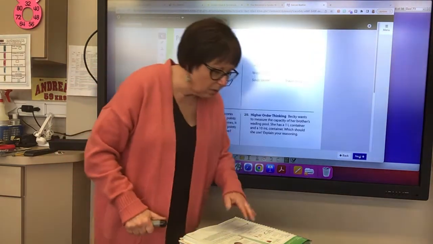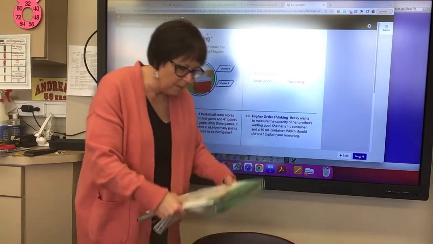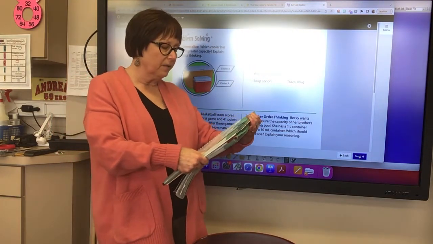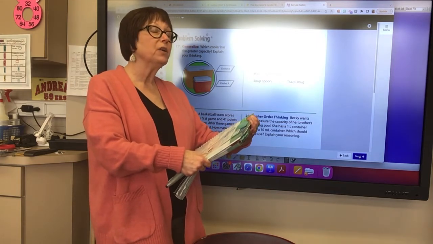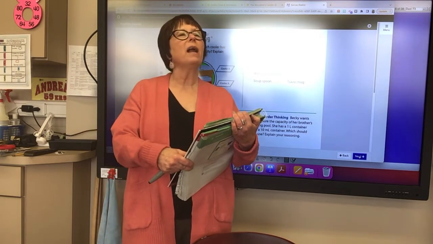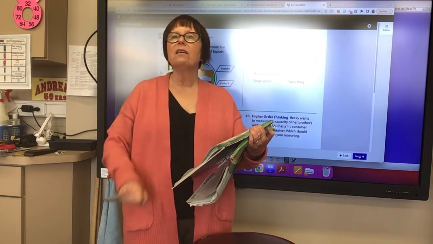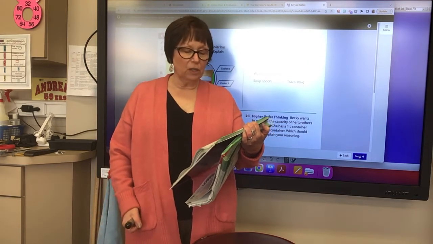So now we had question number 20. It says, Becky wants to measure the capacity of her brother's wading pool. She has a 1 liter container and a 10 milliliter container. Which should she use? Explain your reasoning. Reese, which should they use?